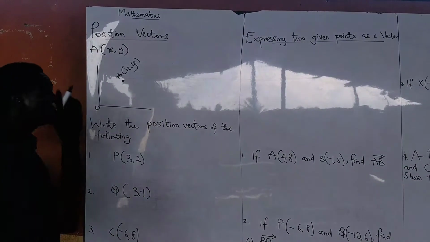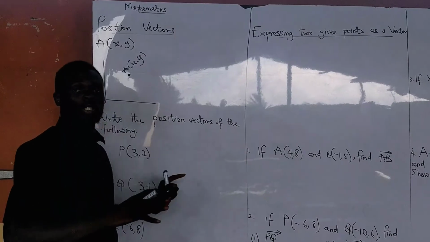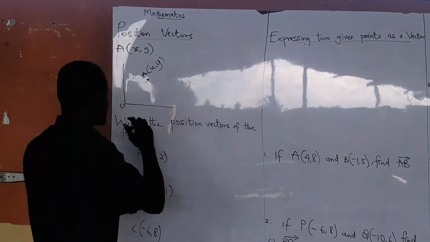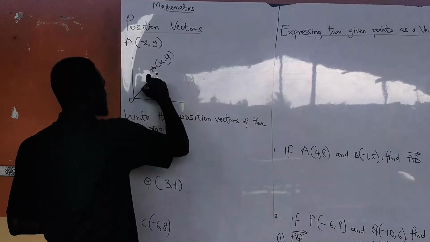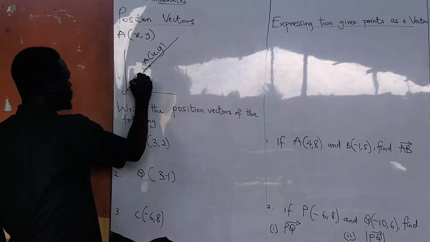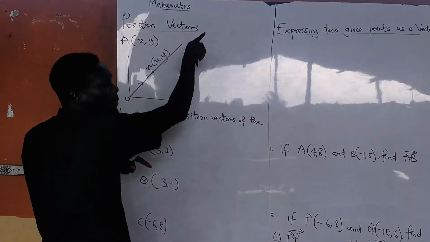Now with this, we'll notice that any point we plot on the graph is referred from the origin. So this is point A, and we are going from the origin to the point.